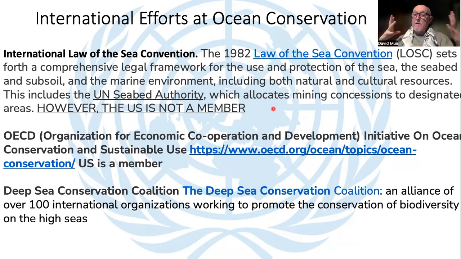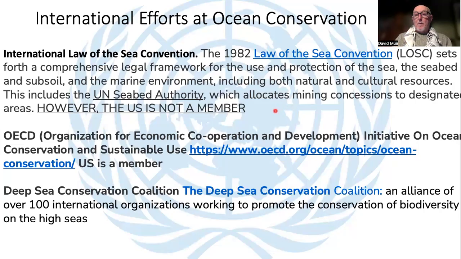But then in areas which are open, it attempts to set rules and regulations for exploitation of all aspects of the ocean. There's also a sub-organization, the United Nations Seabed Authority, which I've already mentioned, which governs mining, allocates the mining concessions, etc., and regulates how mining is done.